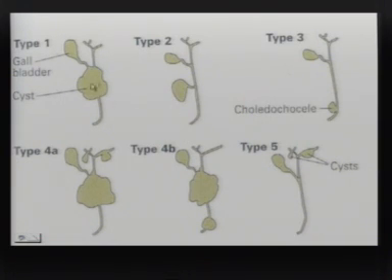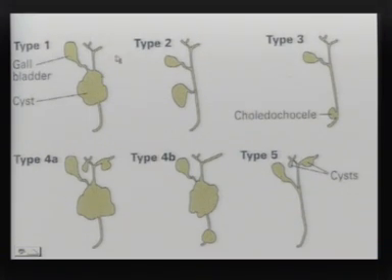By and large, the commonest variety is type 1, and for type 1, type 2 and maybe type 4A, resection of the cysts and hepaticojejunostomy is the form of treatment. For choledochocele, transduodenal excision of the choledochocele is the treatment.